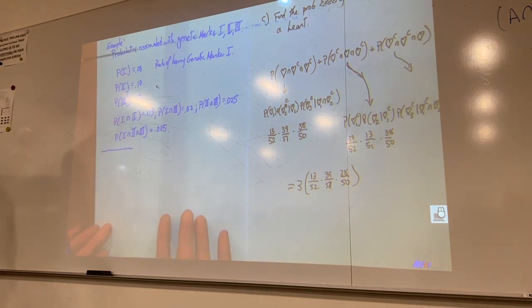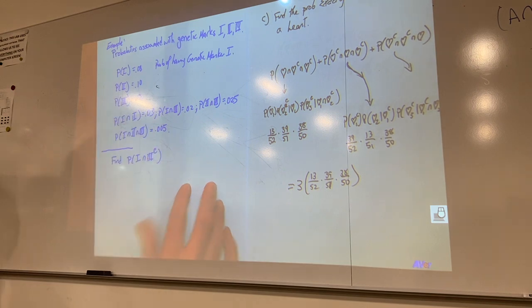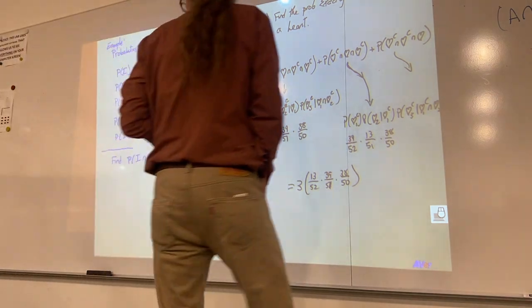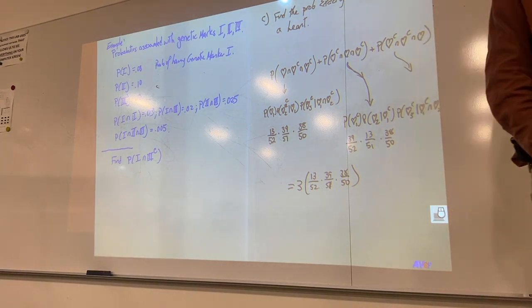Let's find the probability of 1 and 3 complement. By the way, in a sentence, how would you even describe that, 1 intersect complement of 3?